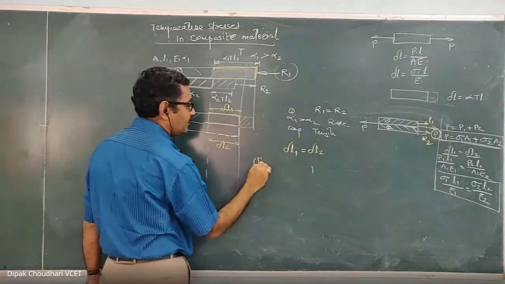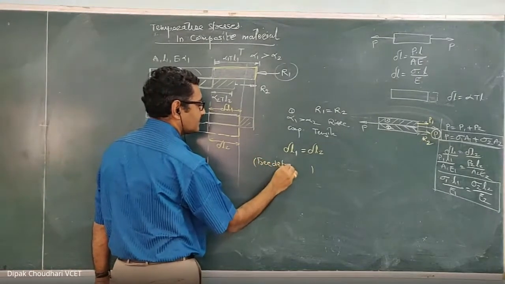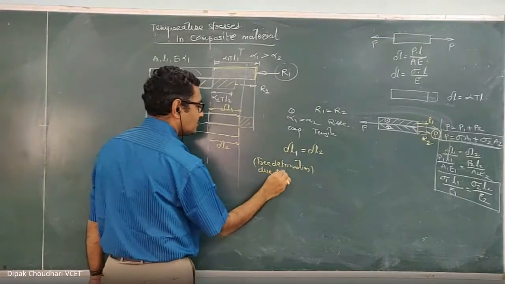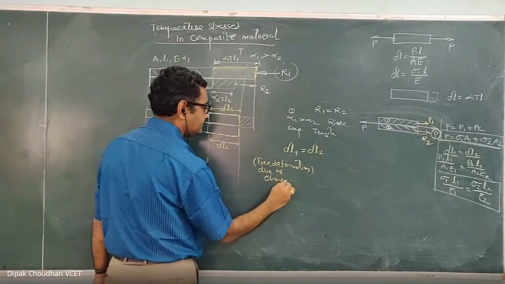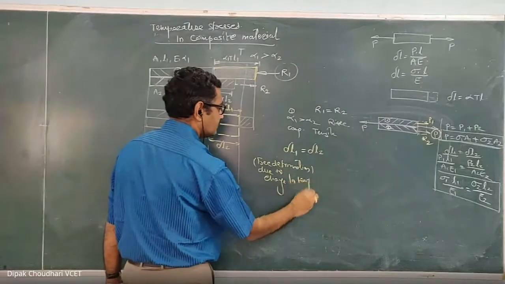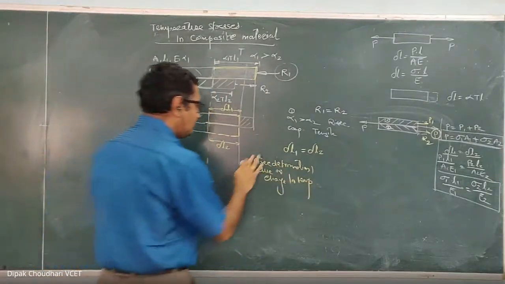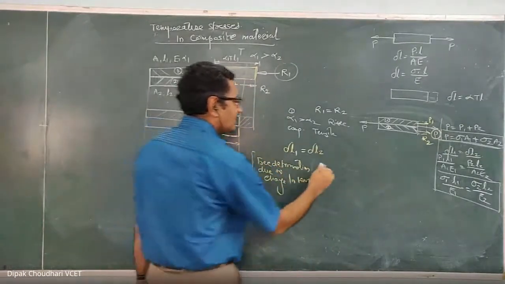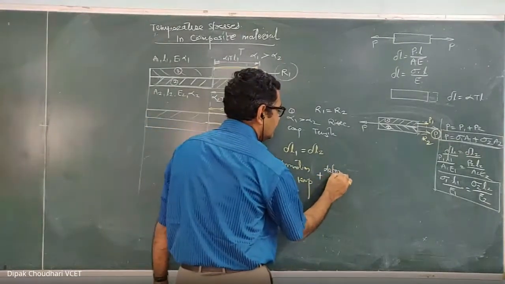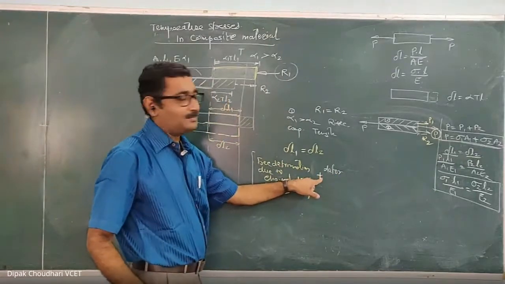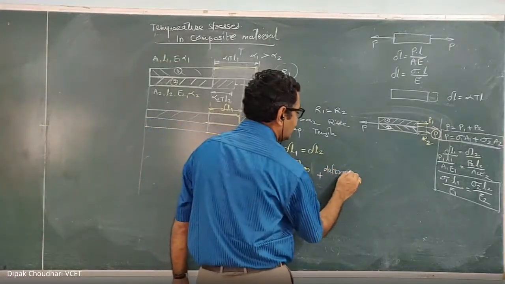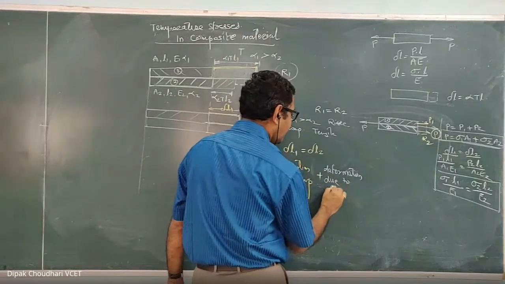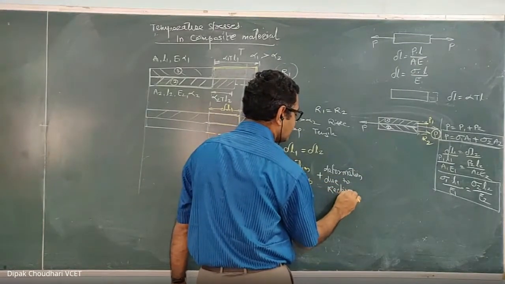One is the free deformation due to change in temperature, plus deformation due to reactive axial force. Listen, I am using the plus sign only, but I am writing here deformation due to reactive axial force.